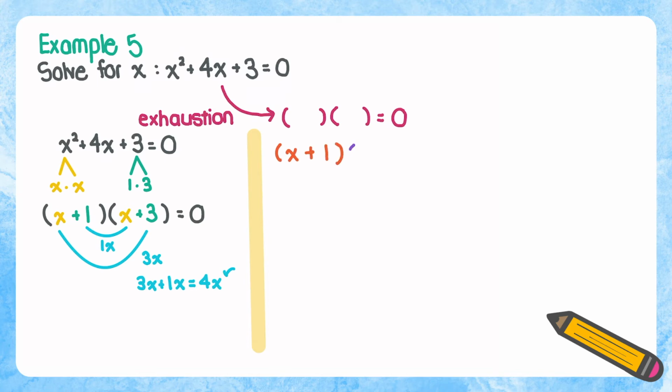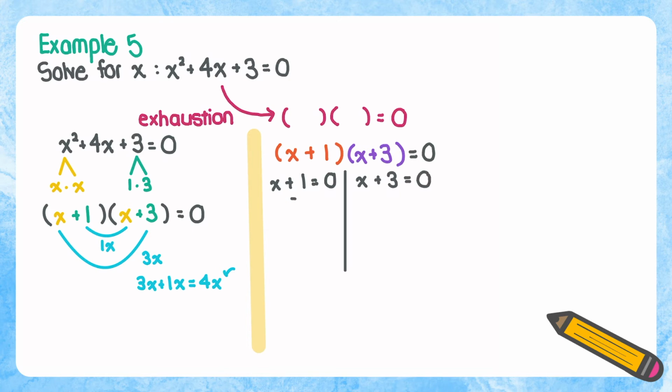So again, I have x plus 1 times x plus 3 equals 0. Honestly, it's this first part, the factoring using the method of exhaustion, that'll probably take you the longest. But once you're able to factor correctly, this next part is, in a sense, just topics back from IM1. So I have x plus 1 equals 0, or x plus 3 equals 0.